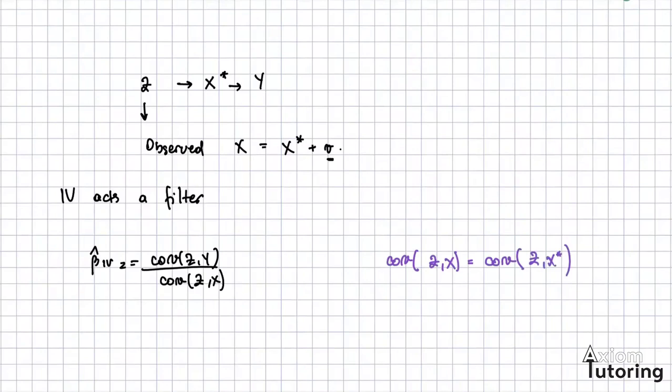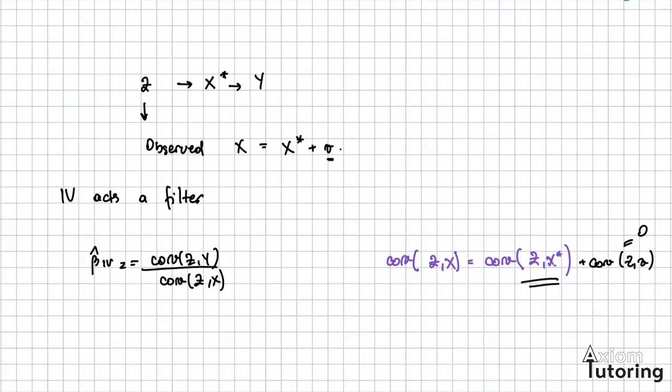So the instrument ultimately only picks the true variation, and the attenuation factor disappears, because normally you would have had here also the covariance of Z with V, but clearly this is going to be 0.